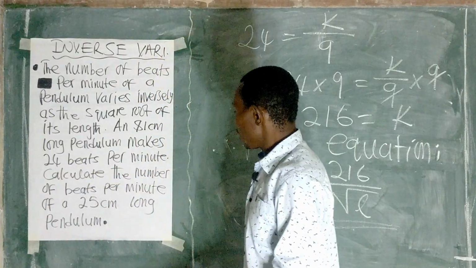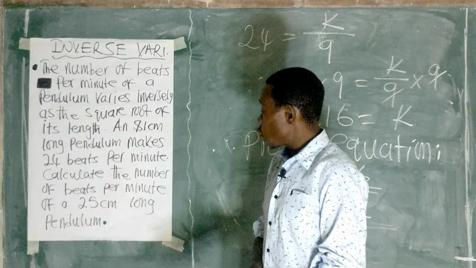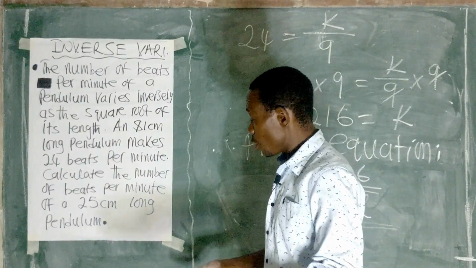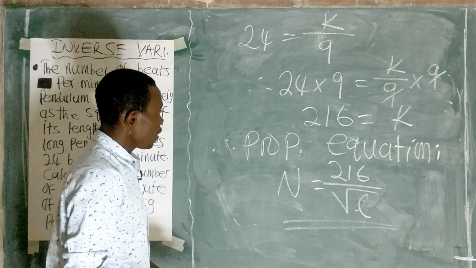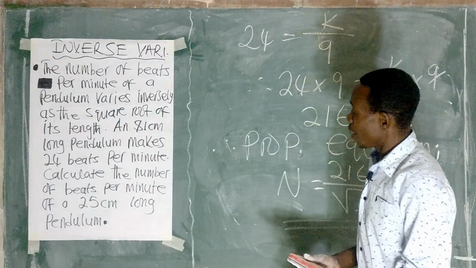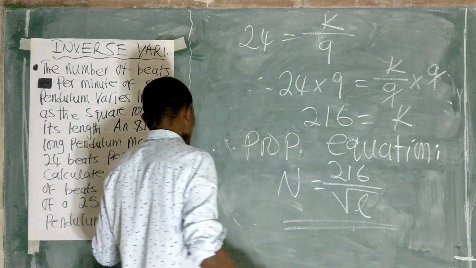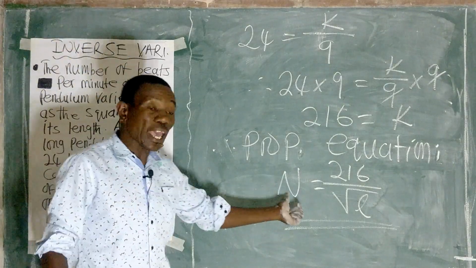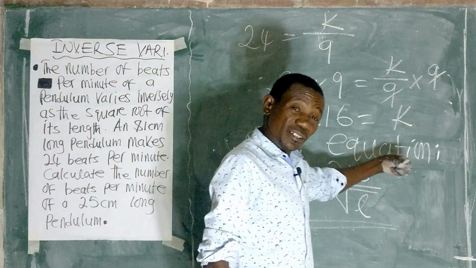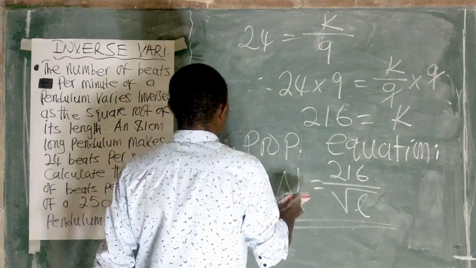What is the number of beats for a 25 centimeter long pendulum? By what we have been doing in direct variation, you know well how to handle that part. It's more like you are asked to work out the value of n when L is 25.